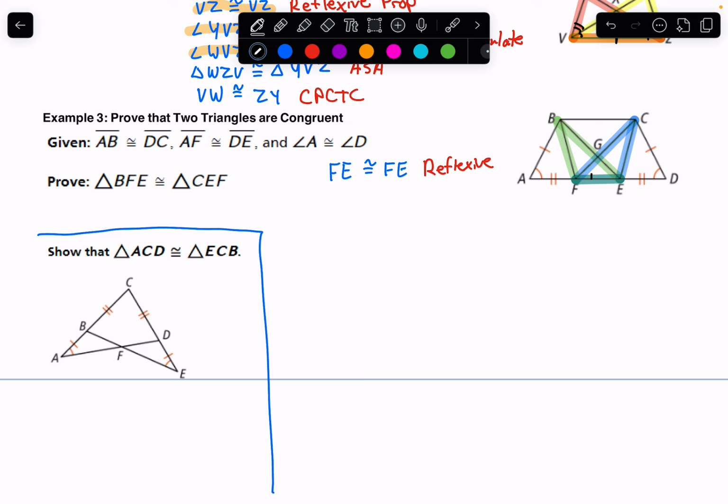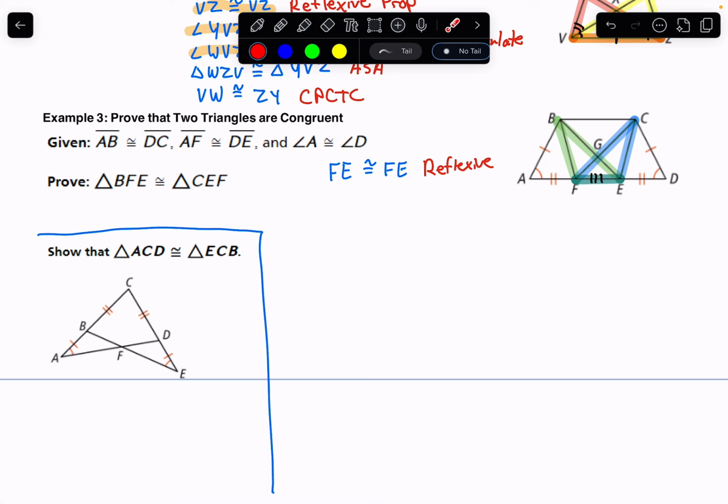It looks like I'm going to need to use 3 hash marks because I've already used 1 and 2. And when I look at where those first and second hash marks are used, something jumps out at me here. I see a side angle side pattern. And I'm like, wait a minute. If this is a side angle side pattern, that means this triangle right here, triangle BAF, has got to be congruent to triangle CDE over here just by side angle side.